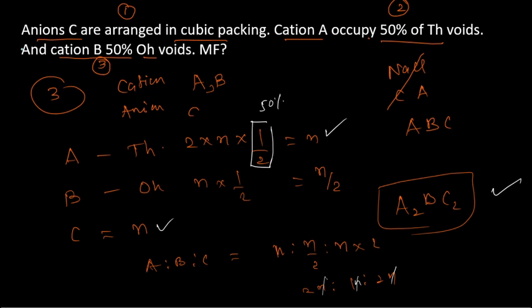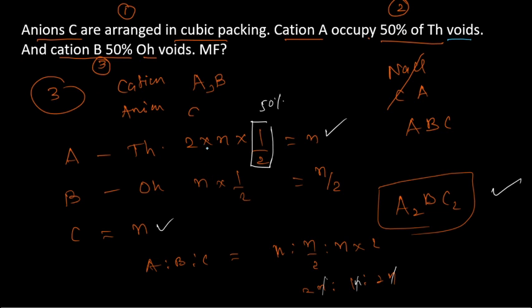Then anions C are arranged in cubic packing. Cations occupy 50% of the tetrahedral voids. We know already for tetrahedral voids it is 2n. So 2n into 50%. And cations also occupy 50% of the octahedral voids, so n into 1 by 2. What is the molecular formula?